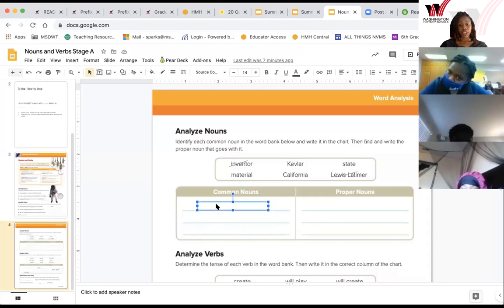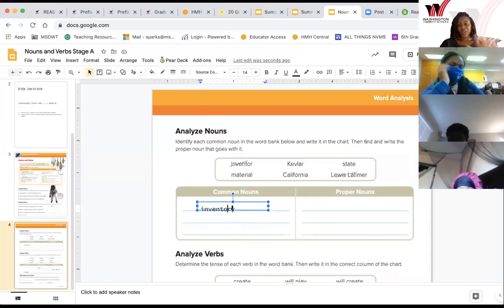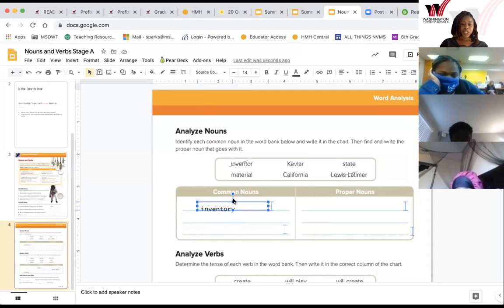Common noun is inventor. I know you guys didn't read the story, but I want you to infer. If inventor is my common noun, what would be the proper noun that goes with it? If we're thinking of an inventor, Lewis Latimer.